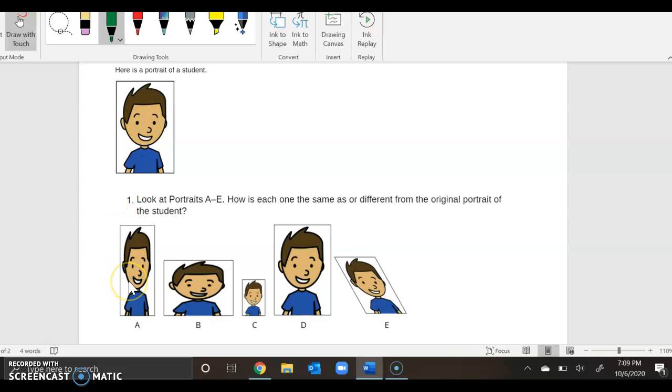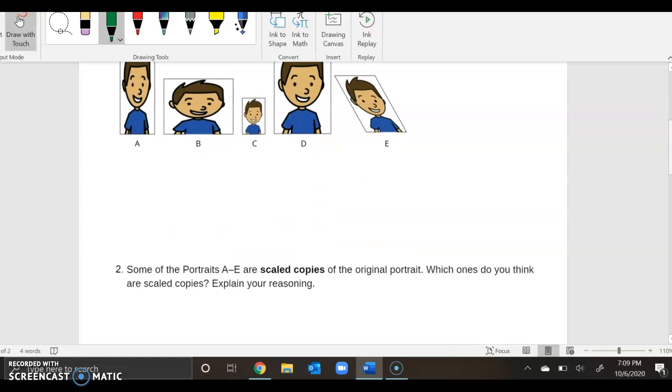So if we look at A, it looks like I kind of took both sides of my picture here and squished them together. He stretched taller and got a lot skinnier. Okay, so for A, it got stretched and a little skinnier.